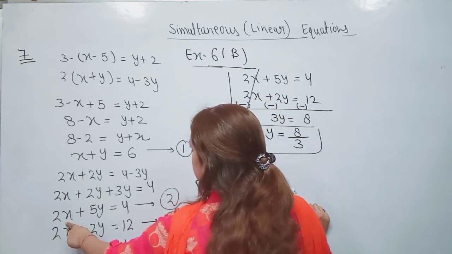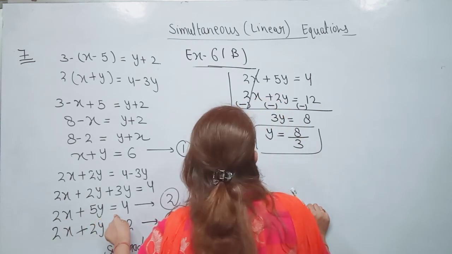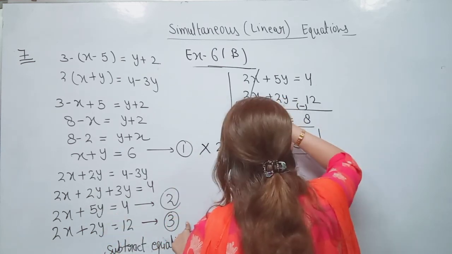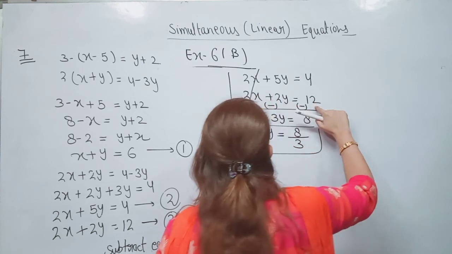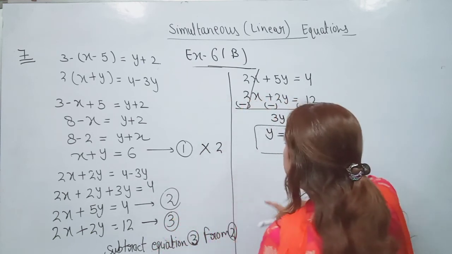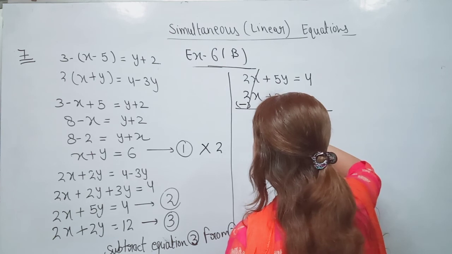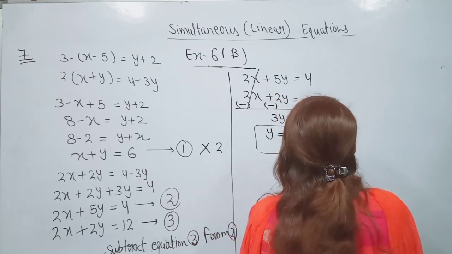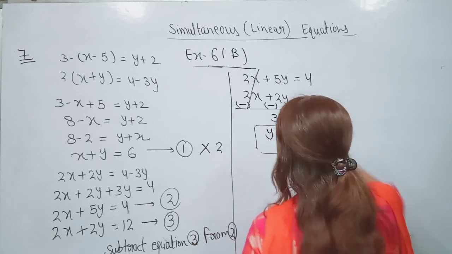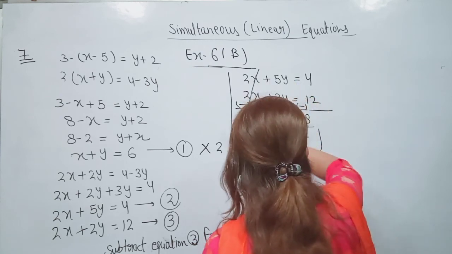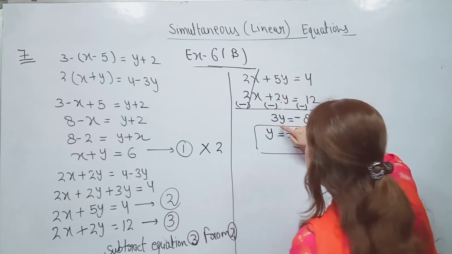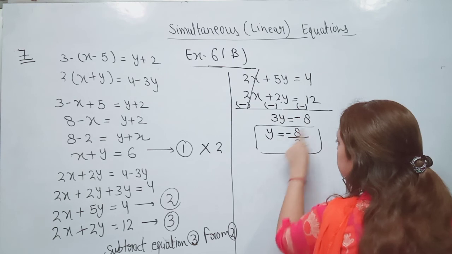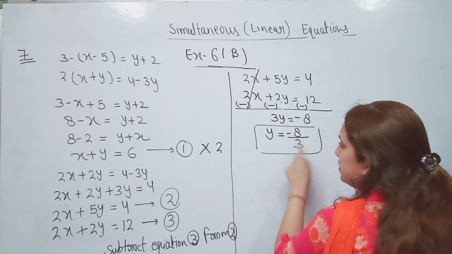Equation second is the same, 2x plus 5y is equal to 4, and equation third is 2x plus 2y is equal to 12. Now change the sign of the downward equation, minus, minus, minus. 2x cancel, 5 minus 2 is 3y, and it is coming minus 8, so the value of y will be minus 8 by 3.